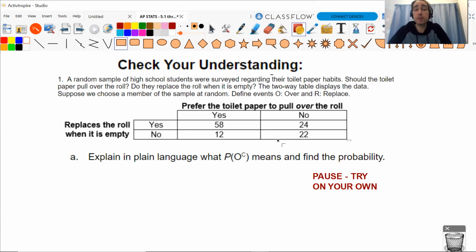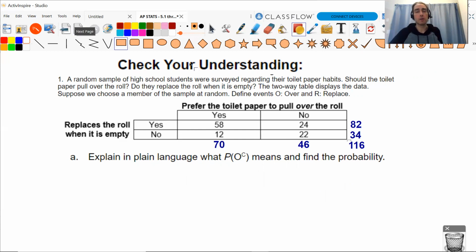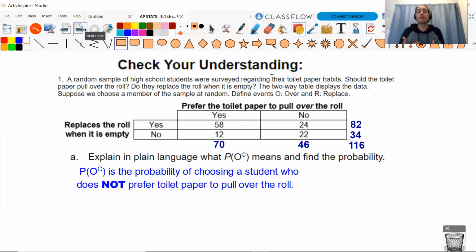Okay, letter A. Explain in plain language what P of O complement means and find the probability. Well, let's get our totals first. That helps. If you aren't given totals, quickly do that. Add them onto your margins so you have them. Now let's answer the question. It's the probability of choosing a student who does not prefer toilet paper to pull over the roll.